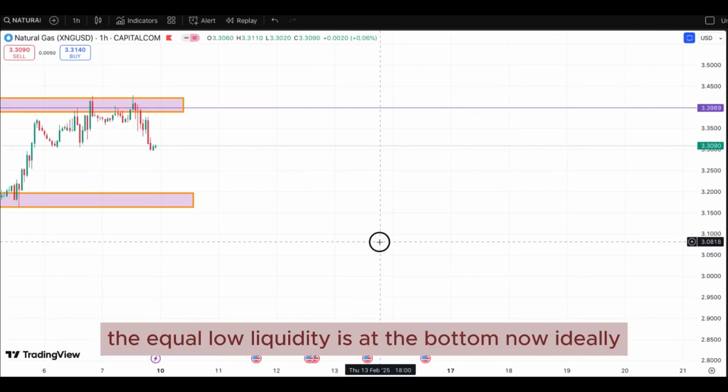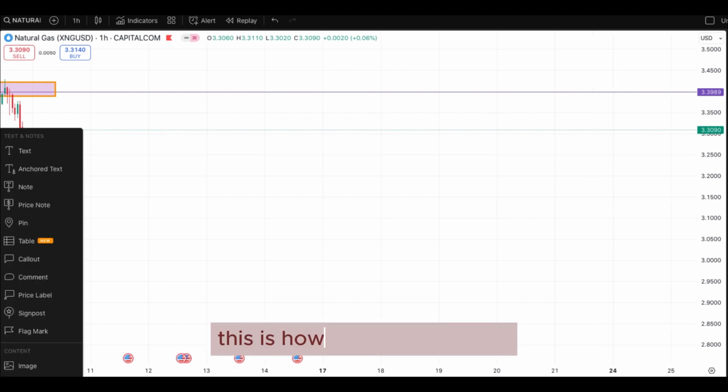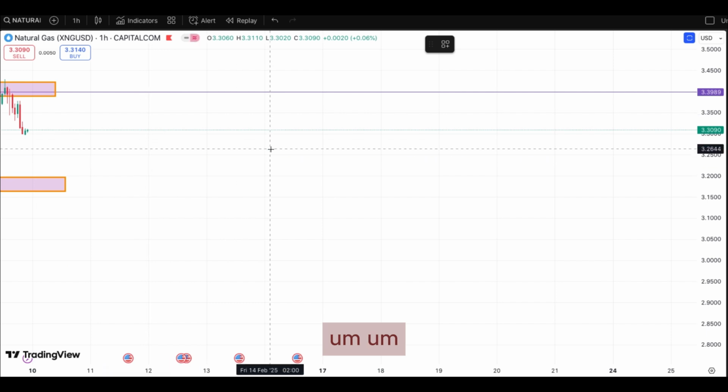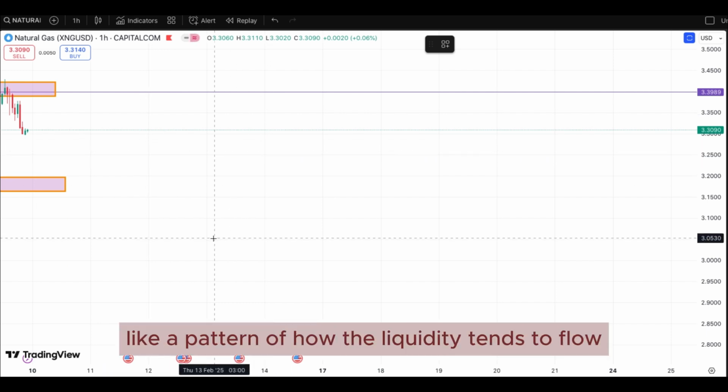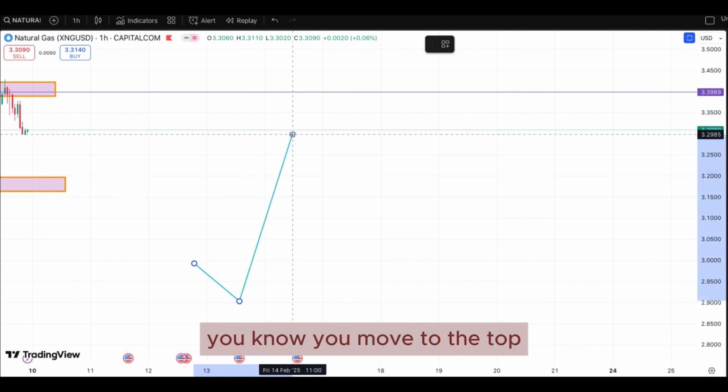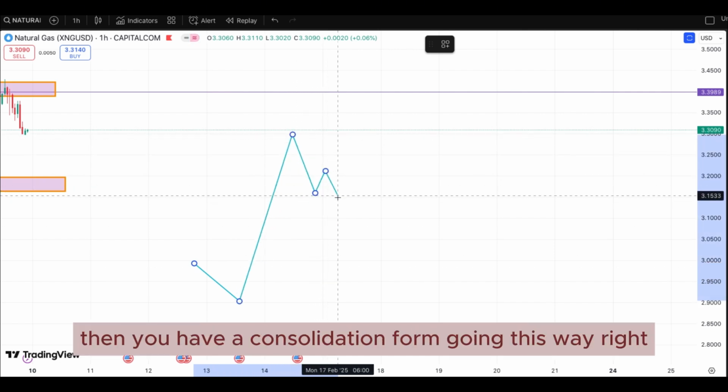Now, ideally, this is how you tend to know the trend. That is actually a pattern of how the liquidity tends to flow. So if you have your demand from the bottom, you move to the top, then you have a consolidation form going this way, right?